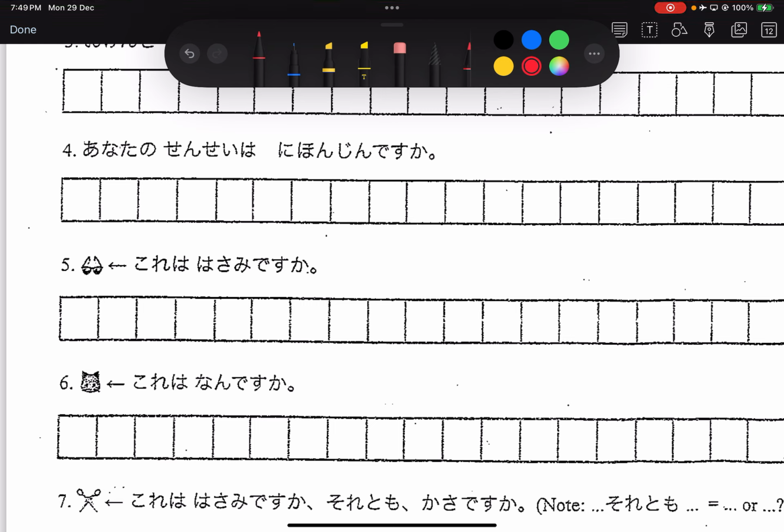The vocabulary list, lesson 1 vocabulary list. Okay, you can try to memorize this at home, okay? So, あなた is you. What is sensei? Teacher. So, your teacher, right? What is 日本人? Japanese. Yeah, so あなたの先生は日本人ですか?